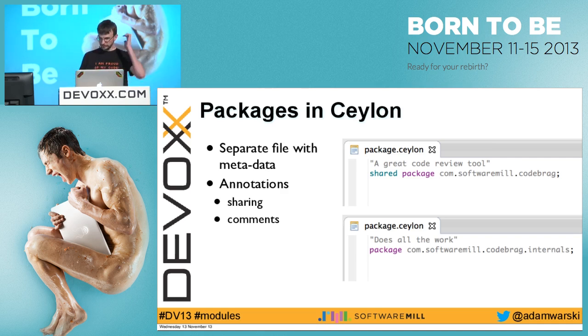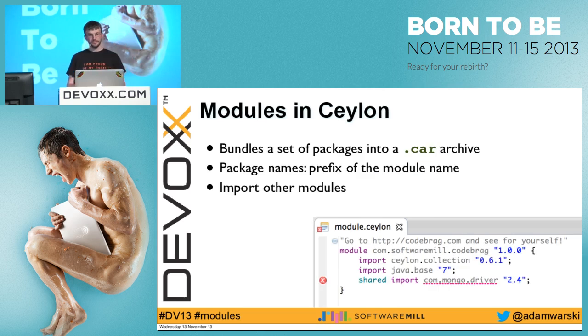So modules. Modules in Ceylon are defined in yet another metadata file. It's called module.ceylon. And that file, again, should sit in the hierarchy wherever the module is defined. So a module is, in fact, a set of packages.